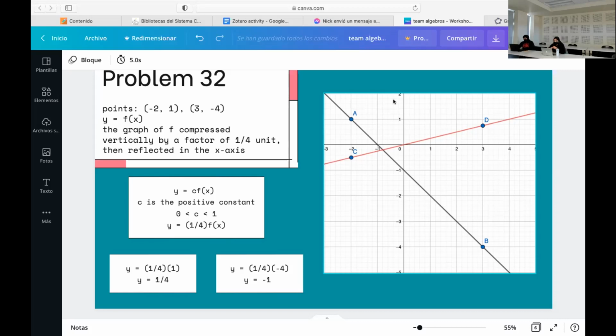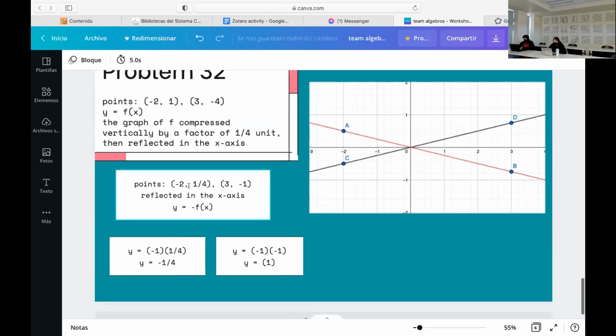So we multiplied the f of x, that is y, times the 1/4 unit, and that gives us 2 new points, which are here: -2 and 1/4, and 3 and -1.